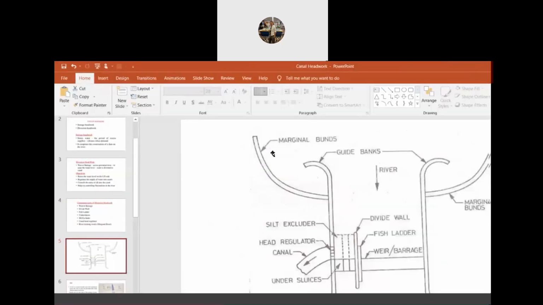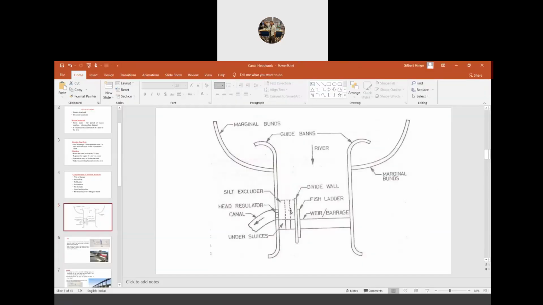So again, let me repeat here. To divert the water from the river into the canal, we have to construct all these structures. First of all, we construct a guide bank in order to restrict the water into a particular part, so there will be sufficient water to raise the level.